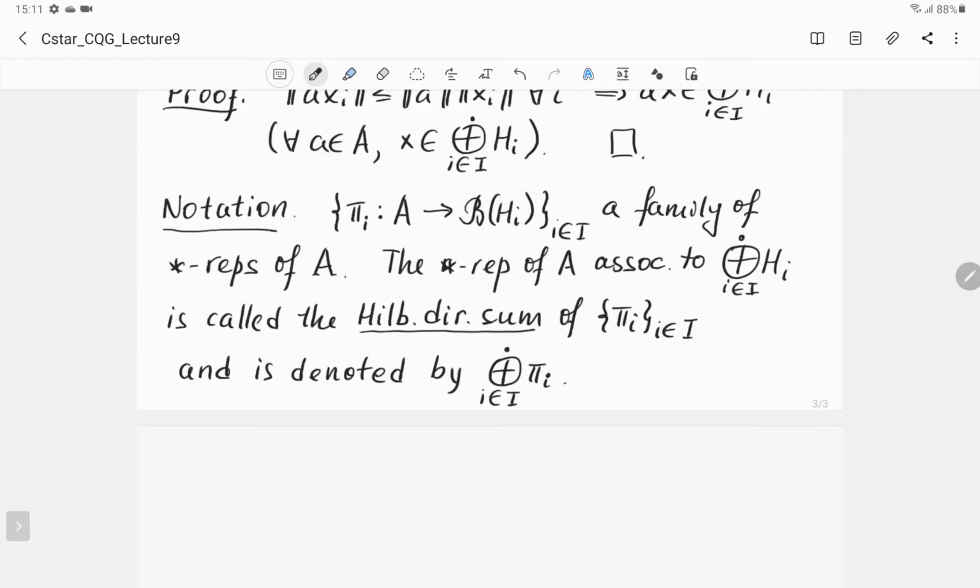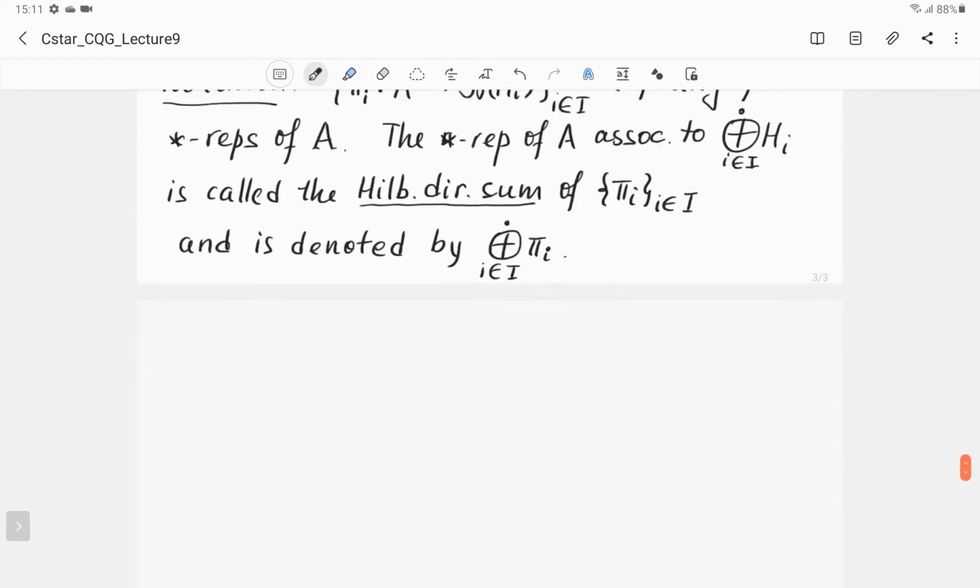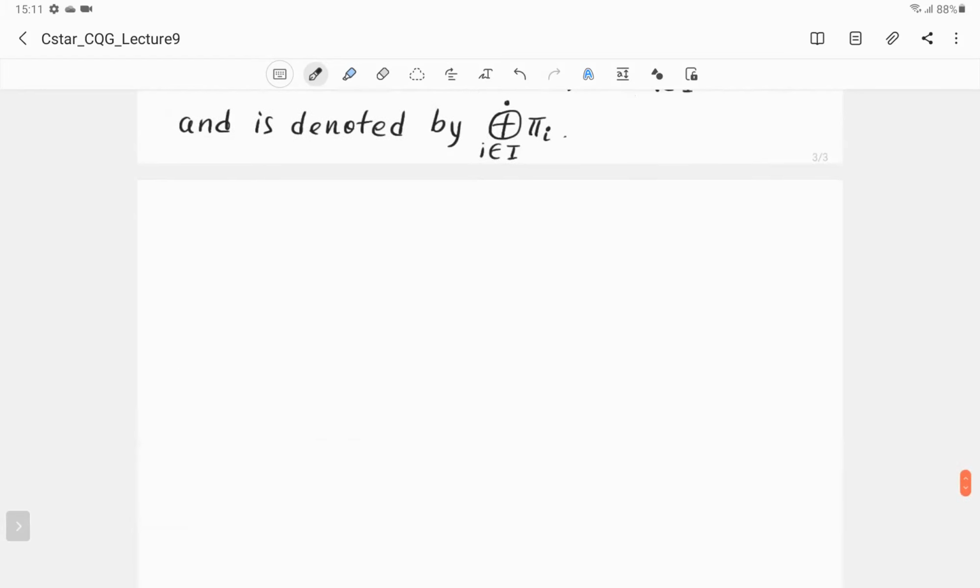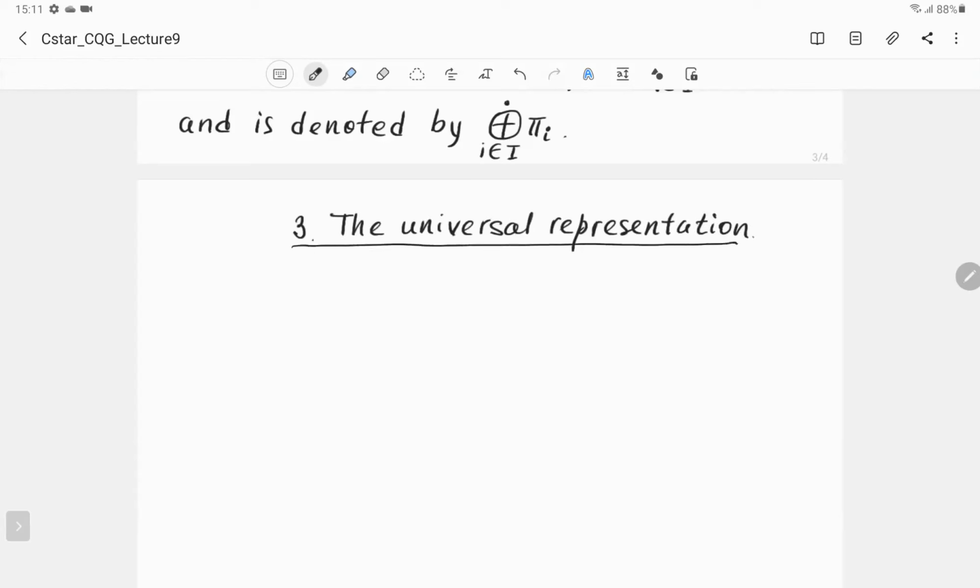Okay, so now we are ready to introduce the universal representation of a C-star algebra. Suppose that A is a C-star algebra.